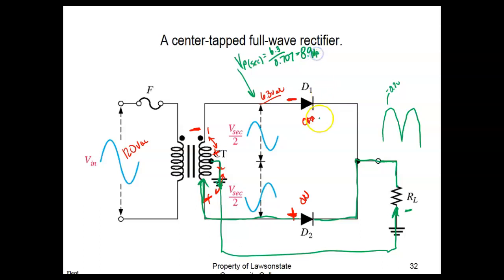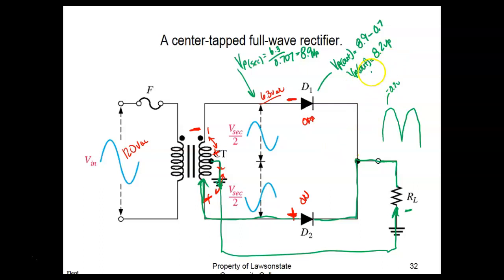And this is peak. Then we'll calculate V peak out, which is going to be 8.9, and we'll assume these are silicon. So if I don't tell you germanium, just go ahead and assume it's silicon. And we're going to take out the VF. So V peak out would be equal to 8.2 volts peak.